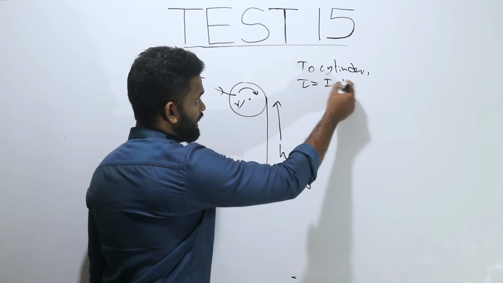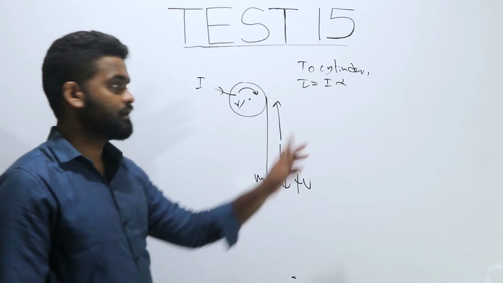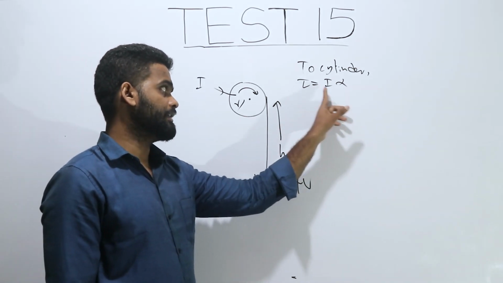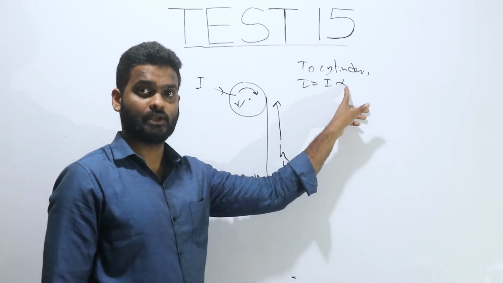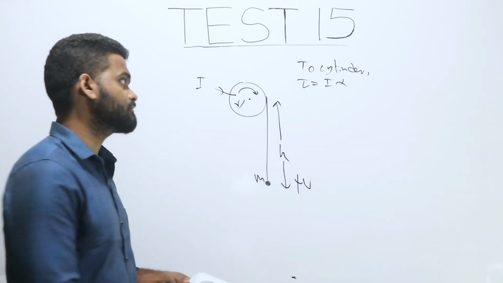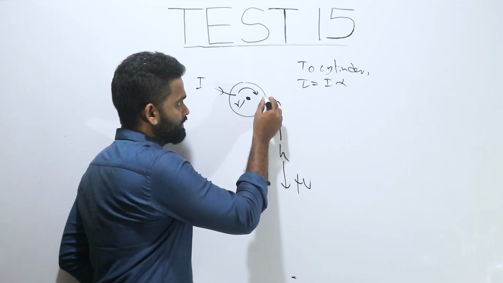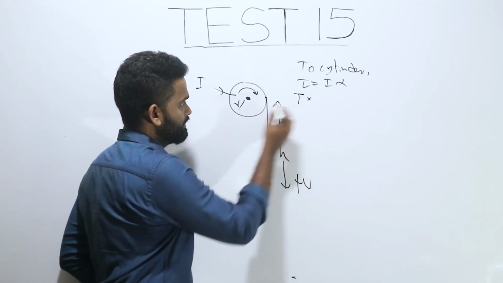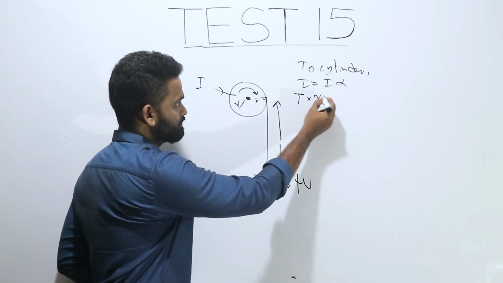Tau equals I alpha. So this is like F equals ma. Moment equals moment of inertia times rotational acceleration. So the only force acting on the cylinder is capital T, and the normal distance to it is simple r.